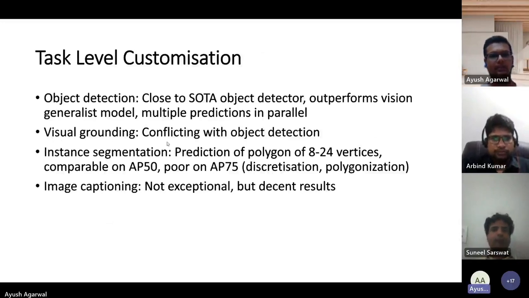For visual grounding, this essentially conflicts with object detection, so we might see a slight degrade, but the results were also comparable to other models.